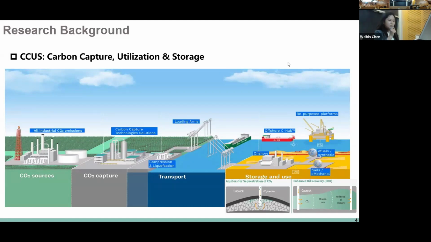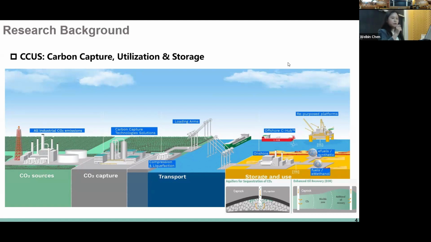CCUS is carbon dioxide capture from a company or direct capture from the air, and then injecting it underground to enhance energy recovery, and it can also be used to form materials like cement. At the same time, the carbon dioxide can be stored, so it's called CCUS.